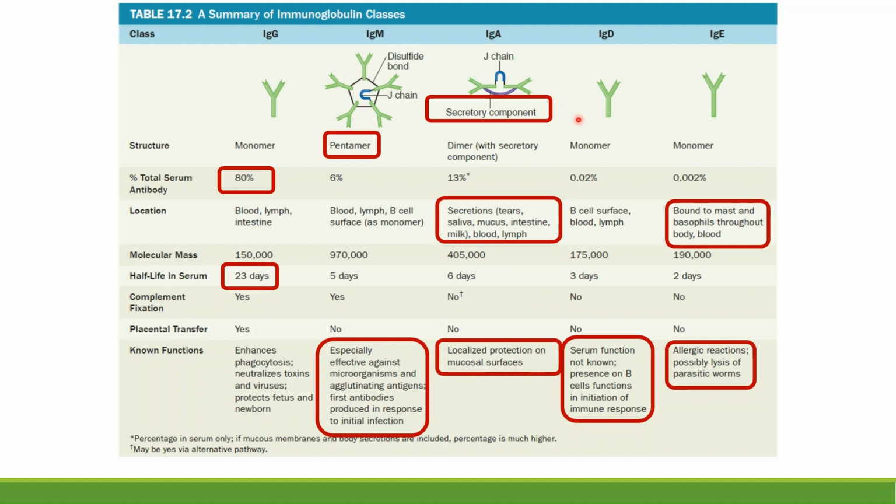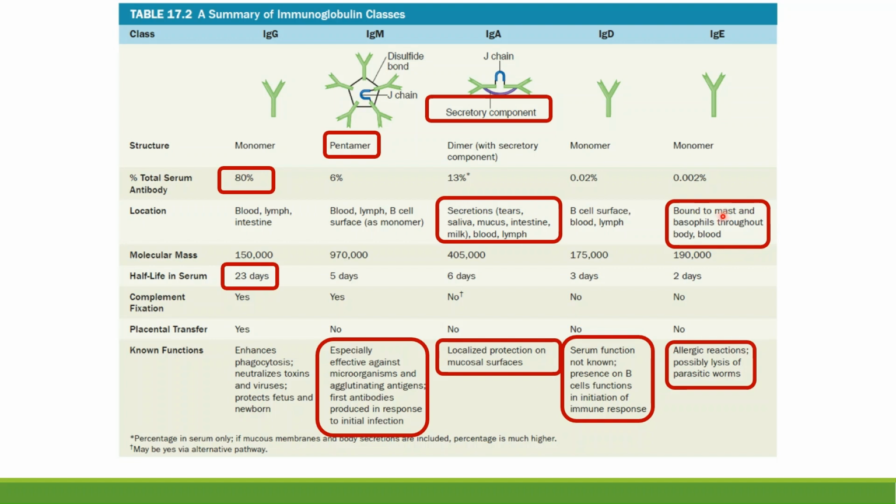Next is the IgD. And the IgD makes up a very small amount along with the IgE. And these are present on B cells. And these help to initiate an immune response, these IgDs. Lastly, we have the IgE, very low concentrations, and these are actually bound to mast cells and basophils throughout the body.